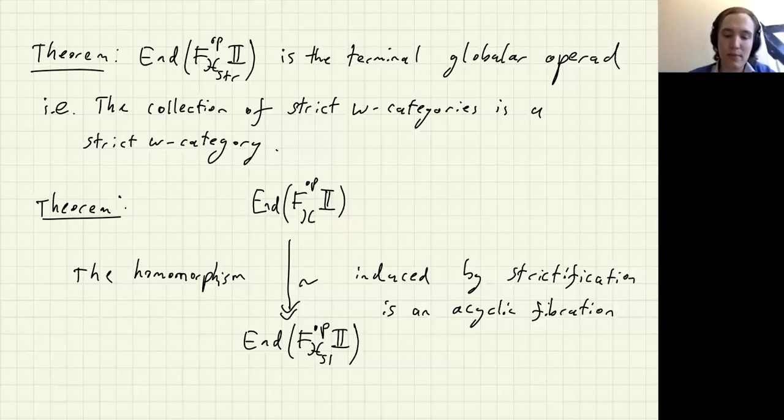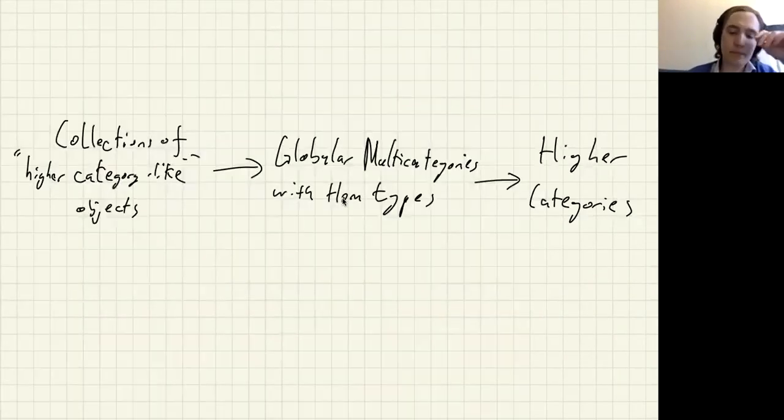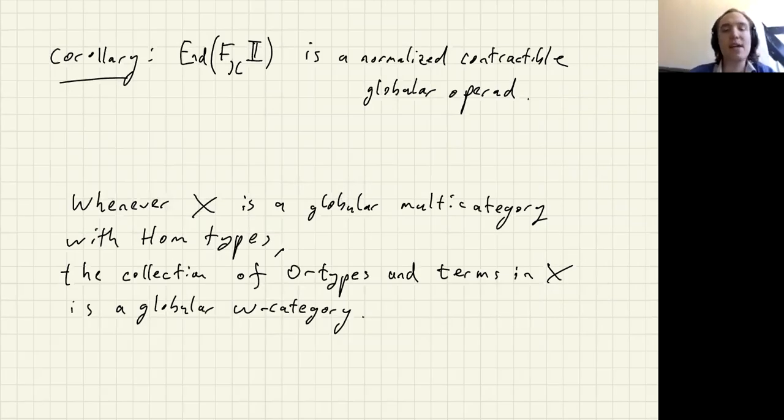Okay, so immediate corollary is that this endomorphism globular operad is itself a normalized contractible globular operad.